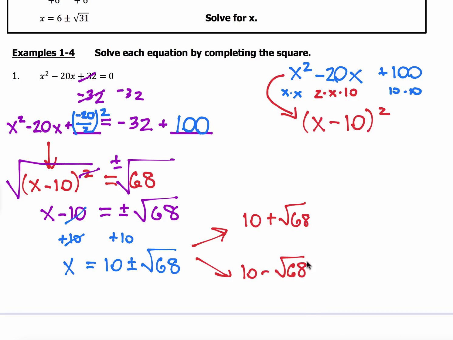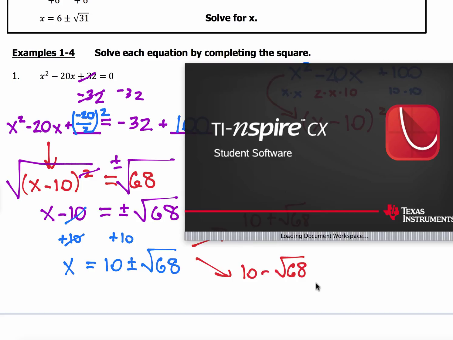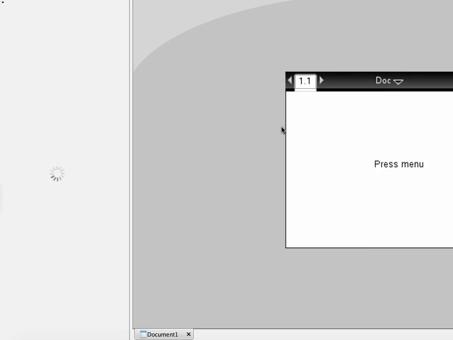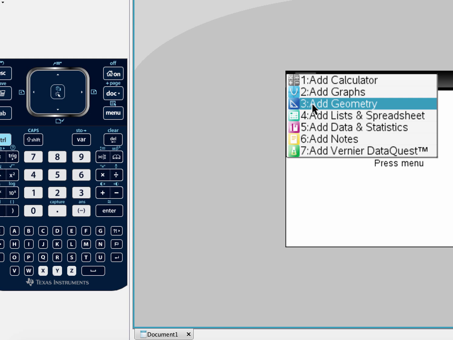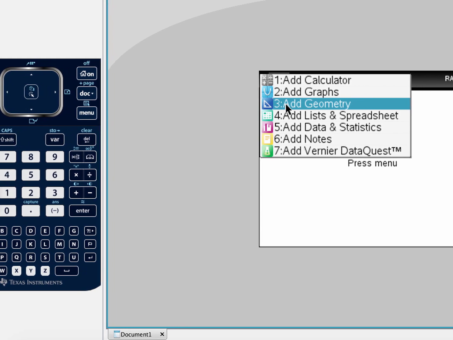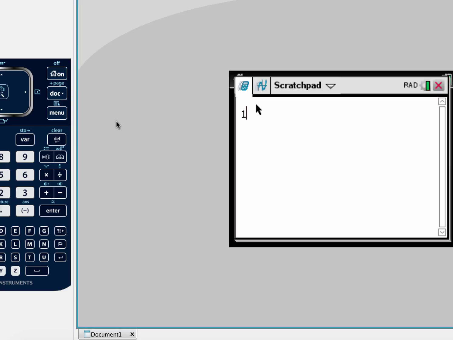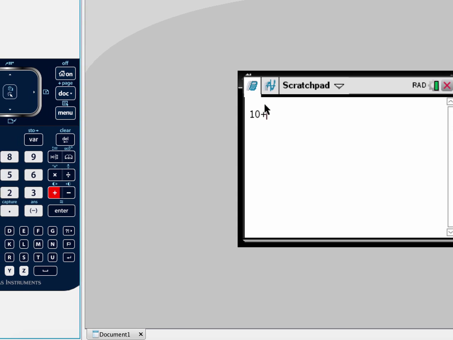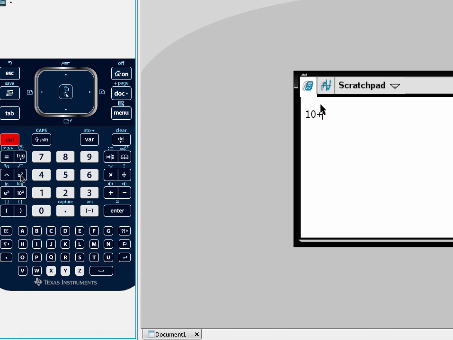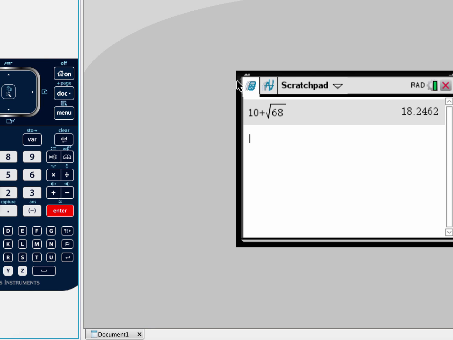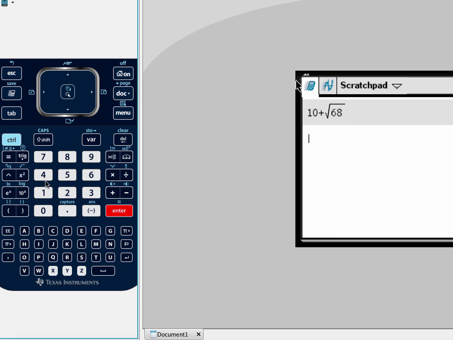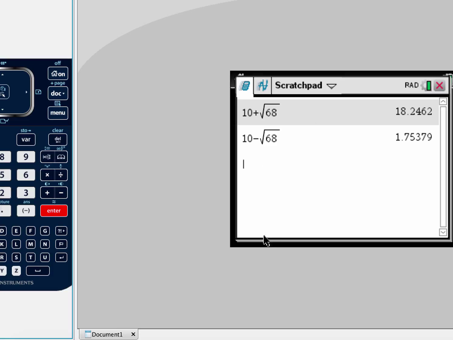So if I pull out my calculator, I can do 10 plus the square root of 68. 10 plus the square root of 68 is going to give me approximately 18.25, and then 10 minus the square root of 68 is approximately 1.75.